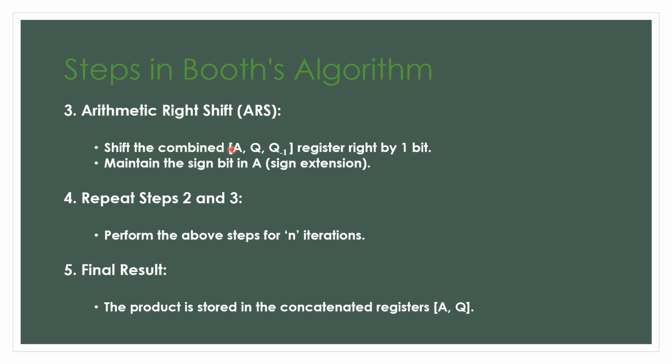Shift the combined accumulator, Q and Q minus 1 register right by 1 bit. In this, we maintain the sign bit in the accumulator. So the MSB bit in the accumulator is the sign bit. Then perform the above steps 2 and 3 up to n iterations.